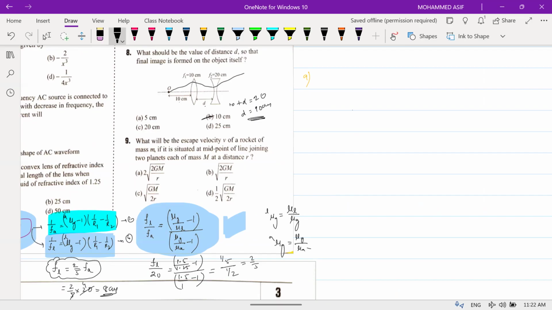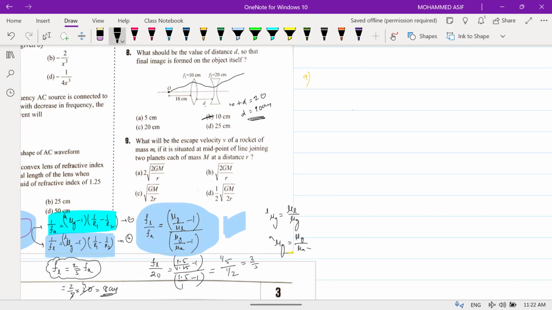Done. Why did I get this 2? This 2 is going up, and this small m and this small m will get cancelled. V squared will be equal to 8 times capital G capital M divided by r. So v is equal to under root of 8 G M divided by r.